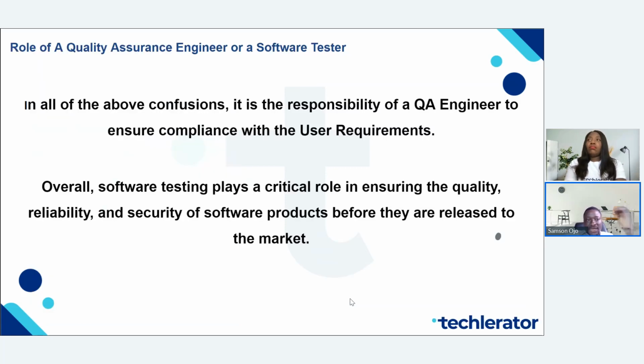So in all of this noise and confusion, it is the responsibility of QA to ensure compliance with the user requirements. Overall, we play a very critical role in ensuring quality. We want to be sure that clients out there are getting quality, and when the product gets to them, they're able to use it and getting value for their money.